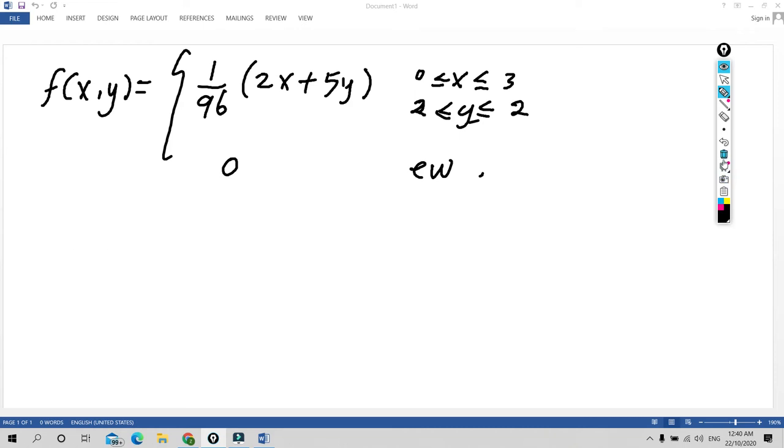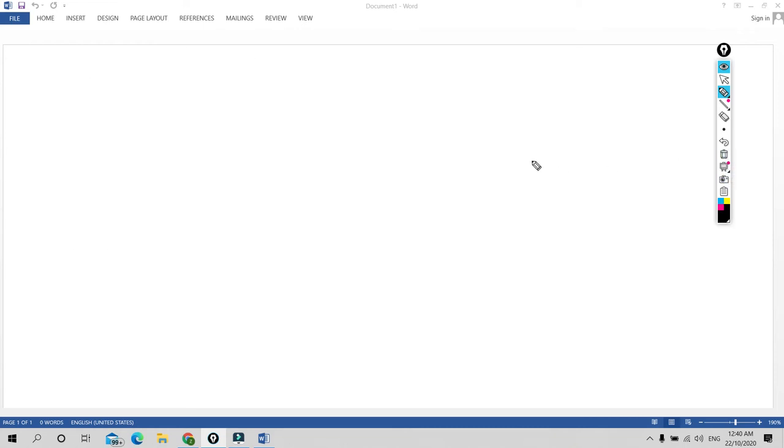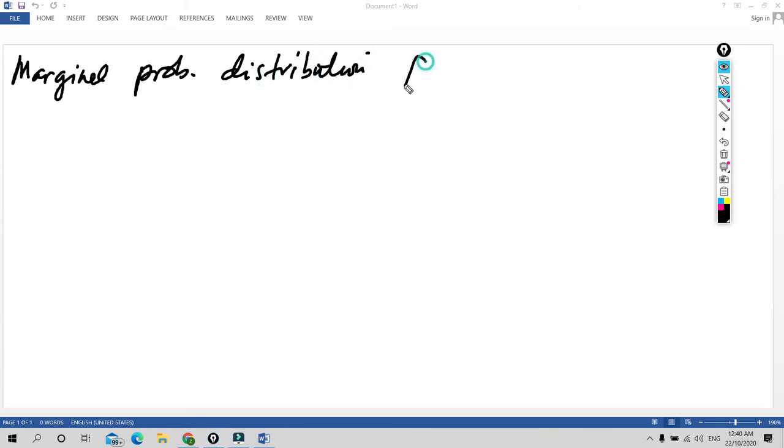We have what we call the marginal probability distribution function for the joint discrete probability function.